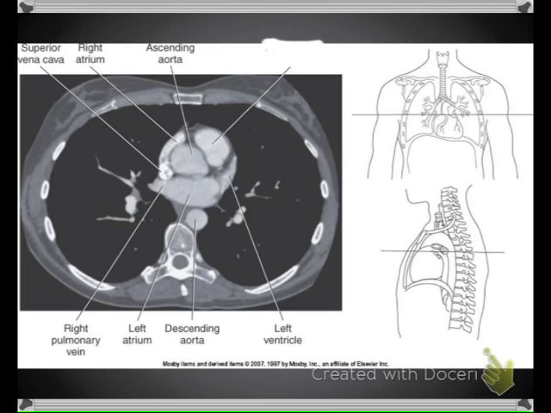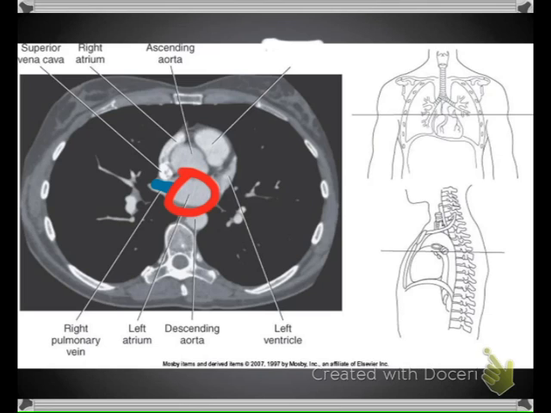Although we don't see the pulmonary veins very well, we have the right pulmonary vein, but we're not designating it as superior or inferior. We just say that it's the right pulmonary vein. However, if you know that it is the pulmonary vein on this image, you will almost assuredly understand that this is the left atrium that the pulmonary veins are flowing into.